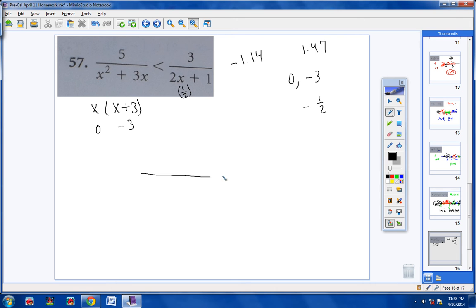So let's quickly plot these on our number line. We have 0 for one of our critical values, negative 3, and negative 1/2. And actually, I should have slid that down a little bit. So let's go ahead and do that real quick here.